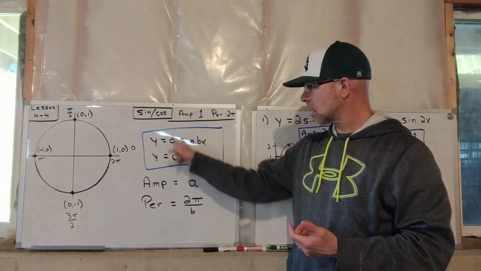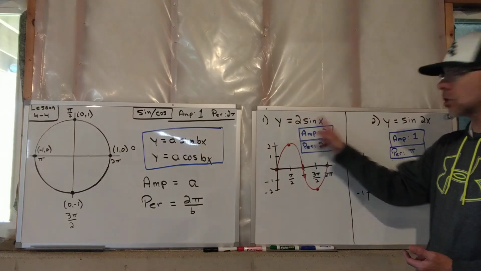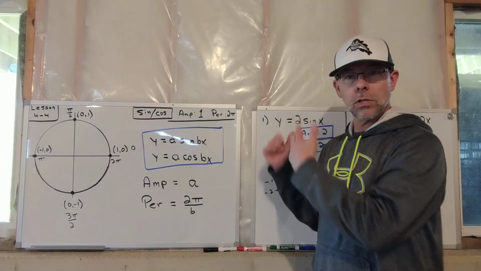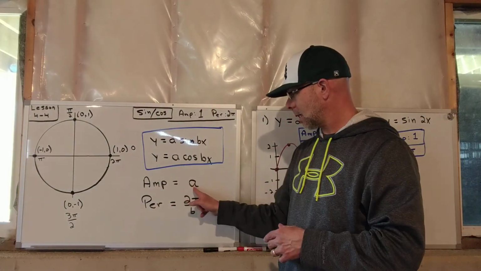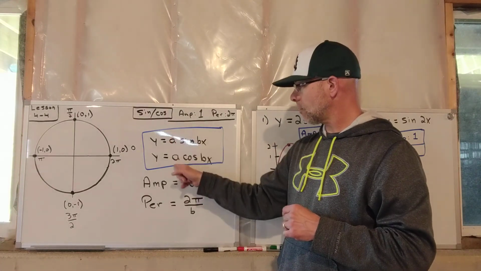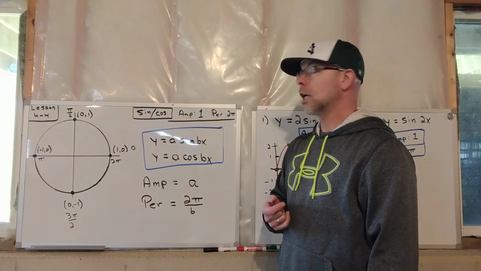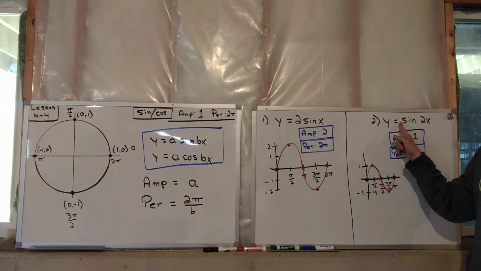Meaning, we put numbers in the a position and the b position. Over here, I put 2 in the a position. Over here, I put 2 in the b position. And so I explained to you through these two examples that a is flat out the amplitude. So that's why it says the amplitude is a. Whatever is in front of the word sine or cosine, that's the amplitude. So that's why here, amplitude's 2. Here, it's understood to be 1.